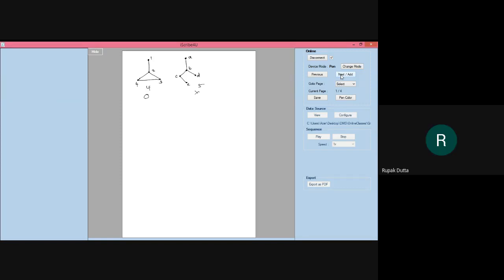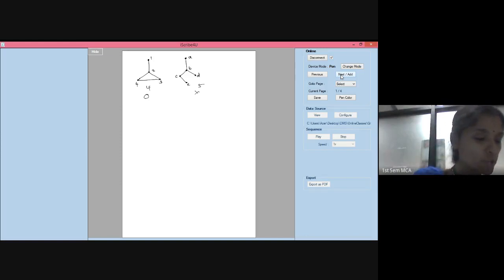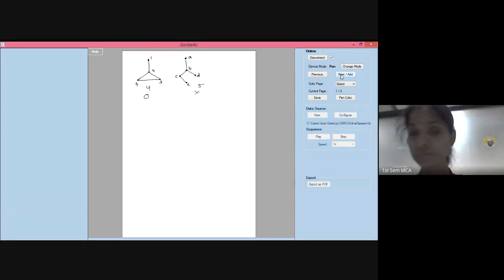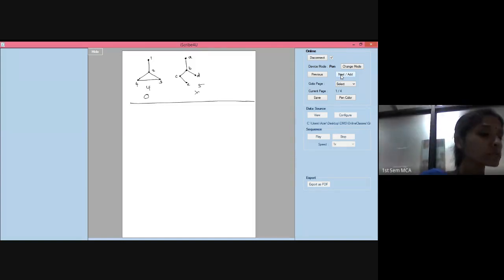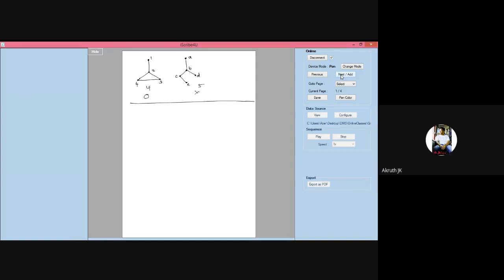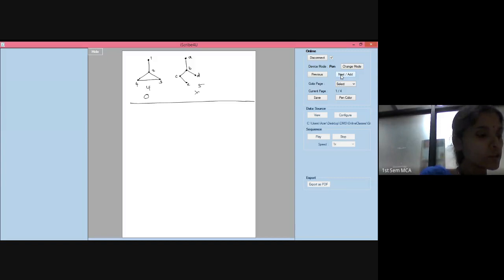So I have just one example which shows which is not isomorphic. There can be some graphs like this where it is not isomorphic. Am I clear? Yes, ma'am. So that's about graph isomorphism. Shall we proceed further? Yes, very good. We have spent a lot of time on this.